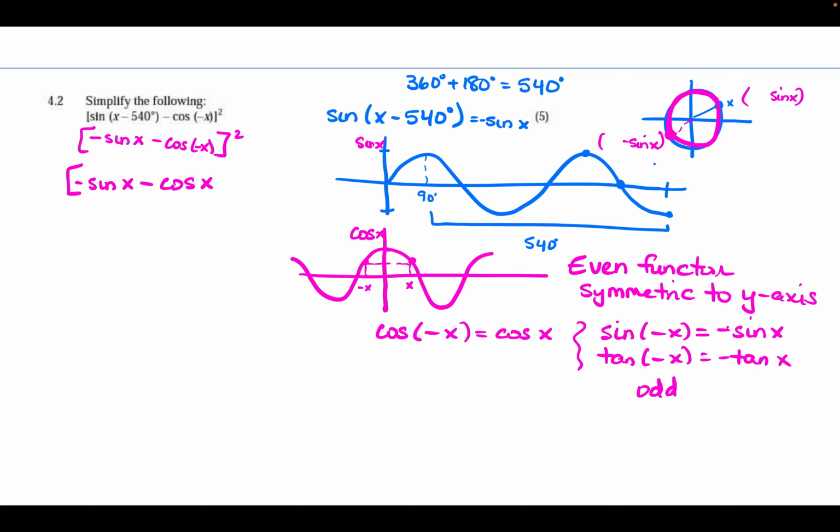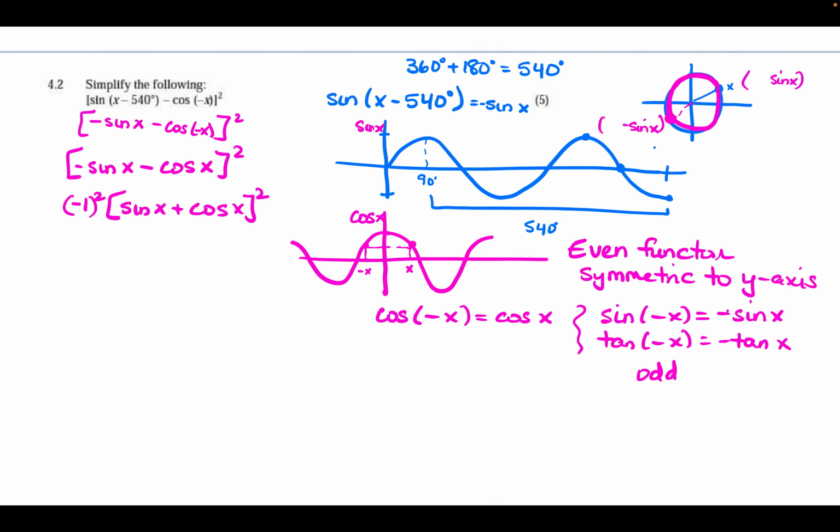And now this is mostly an algebra problem. I'm just going to take out a -1, and we can square that, and we're left with sine plus cosine. You didn't have to take that out, but it makes things a little bit easier. -1 squared is just 1. And now in order to expand sine x plus cosine x squared, we need to consider it two binomials.